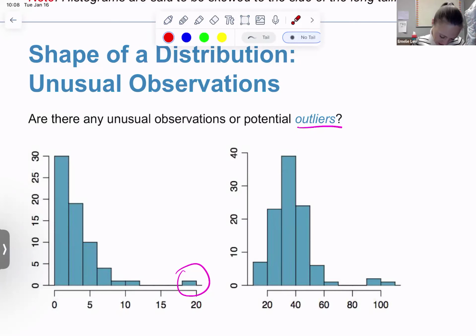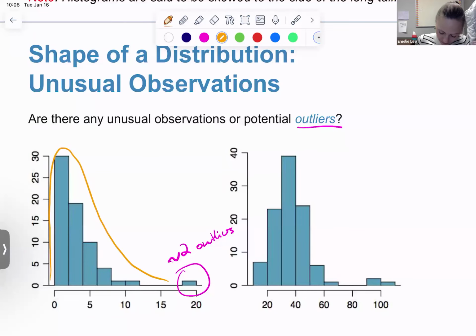It doesn't look like 1/5, but maybe 2 outliers here. Okay. So when you're talking about the shape, you would generalize this distribution: it's skewed to the right with about 2 outliers around the 20 point.